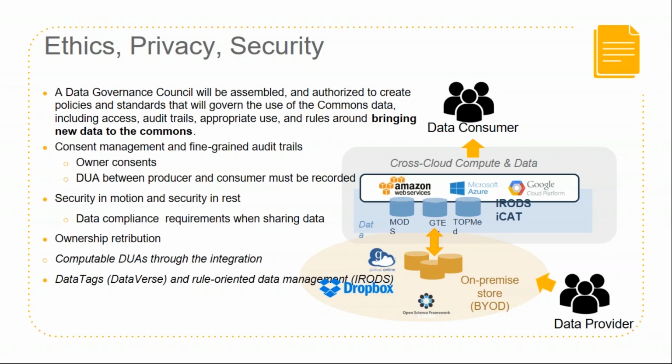We are trying to identify ways to support data sharing, but also make sure that it's encrypted when it needs to be. Ownership and attribution is really critical. I mentioned computable DUAs, and implementing that at a practical level through policy-driven architecture and reusing standards like DATS, which came out of the Dataverse community, is something we're considering.